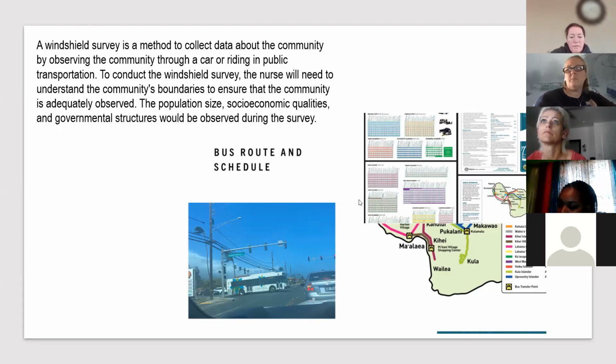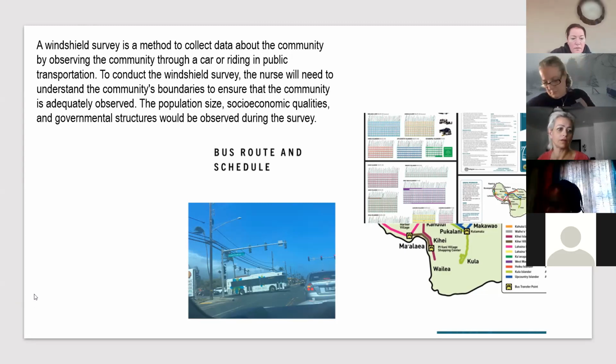And what's most important when you're looking out the window and you're looking at a community? Any kind of assessment. But what do you have to know before you can assess a community? Do you have to know where it starts and where it ends, if we're looking at a community, for sure.